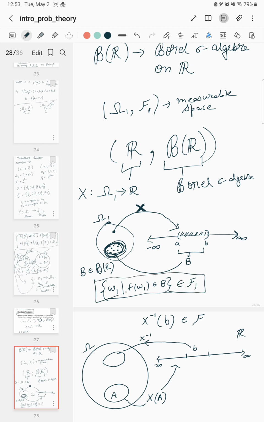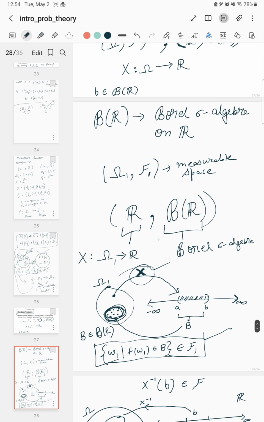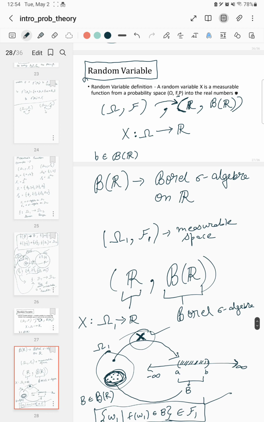If this holds, then that means x is a real valued random variable. So this is the definition of a random variable. A random variable is nothing but a measurable function which maps from an arbitrary measurable space, omega 1 F1, to the measurable space where the sample space is the set of real numbers and the sigma algebra is the Borel sigma algebra.